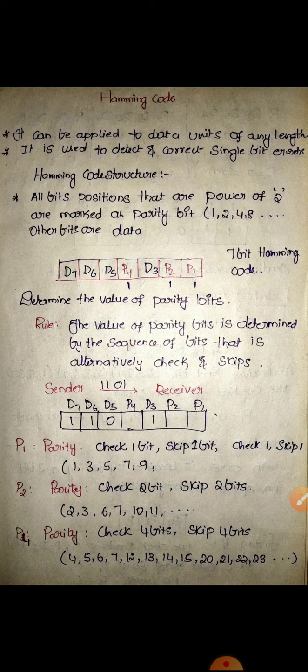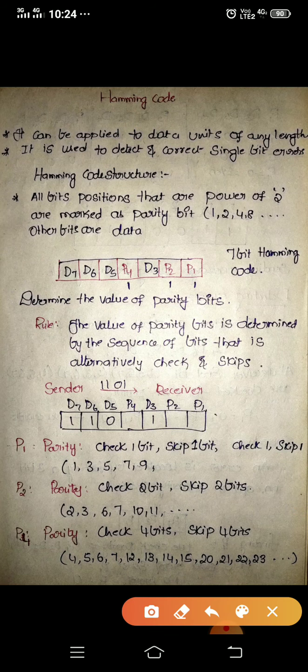For example, we'll take a 7-bit Hamming code.